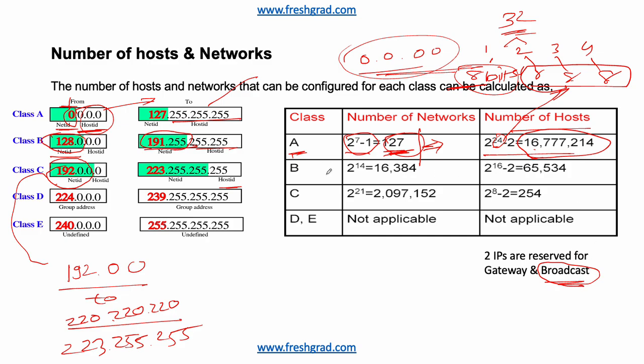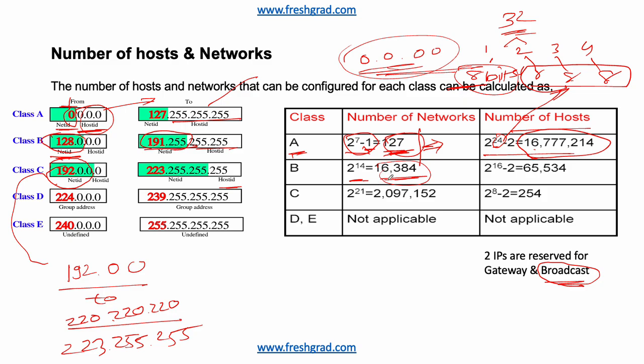Okay. And in class B IP addresses, we know the first two octets are the network ID. So 2 raised to power 14 is the value we get. Now we don't have to do minus 1 because there is no 0 in class B IPs.